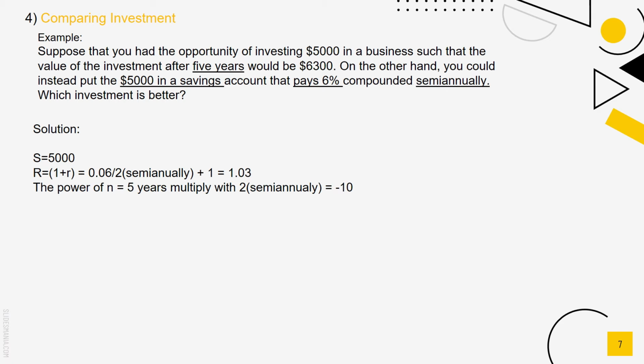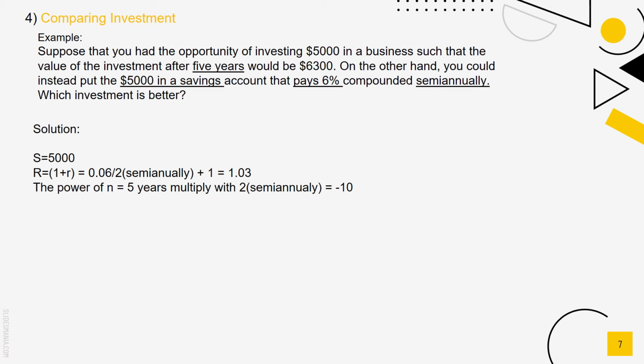We should divide it by two because two means semiannually. After adding, you get 1.03. The power of n is 5 years multiplied by 2, because 2 is semiannually, so you get negative 10.